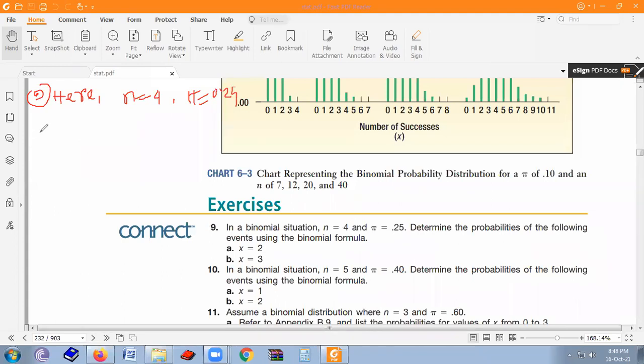We know the binomial probability distribution, so you have to write the formula. There are 2 or 3 distributions, so you have to write which distribution you are using. In brief, I write binomial probability distribution.